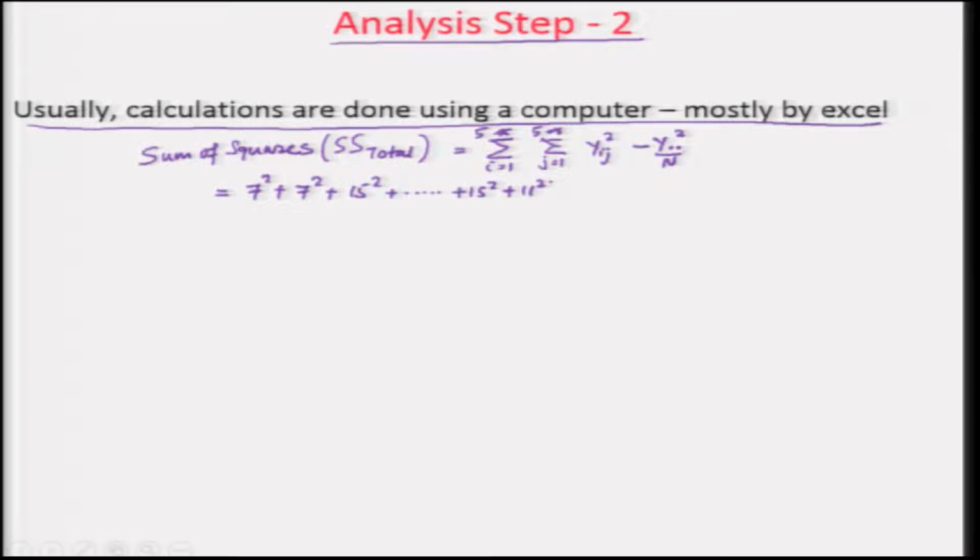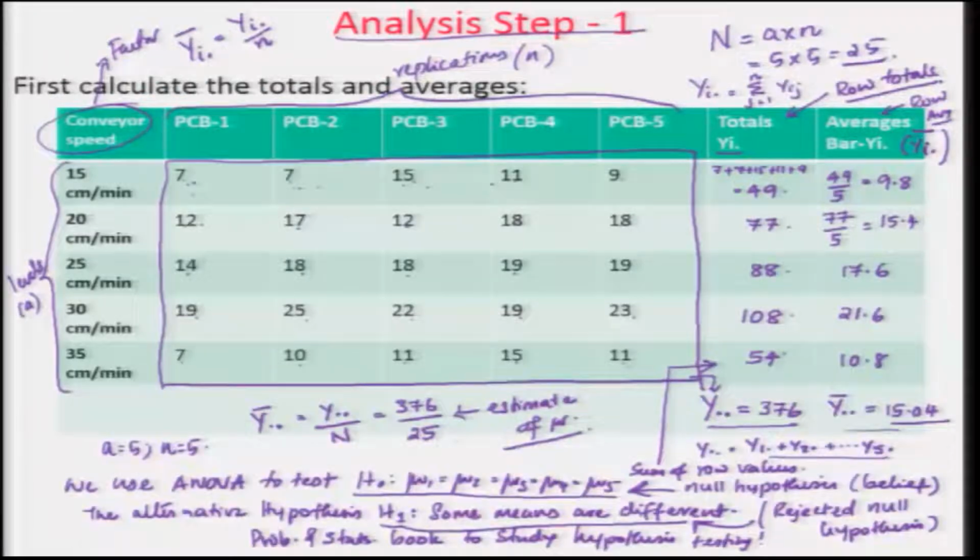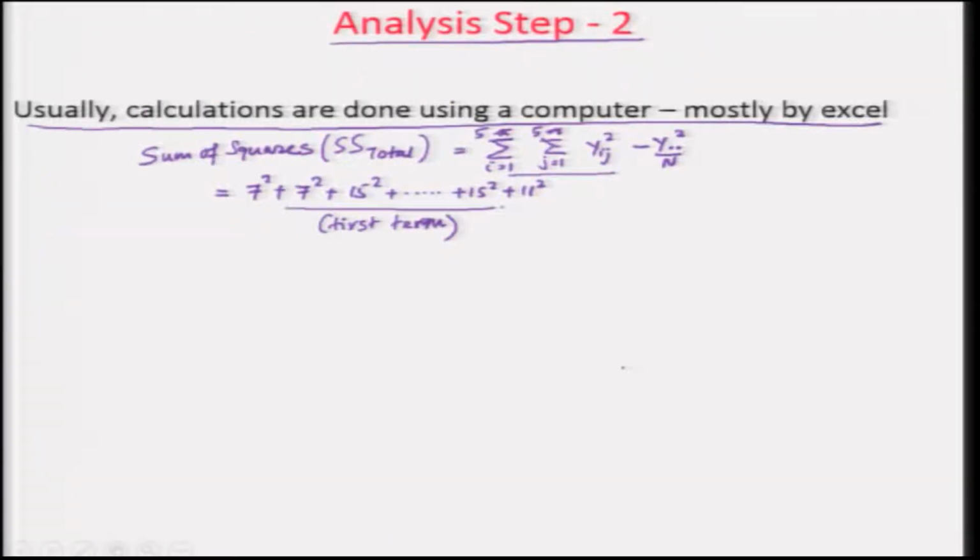So, this part is the first term. How did we calculate it? It is 7 plus 7 plus 15 plus all these values, we square each of them, all the way to the last 15 and 11, and then you sum them up.